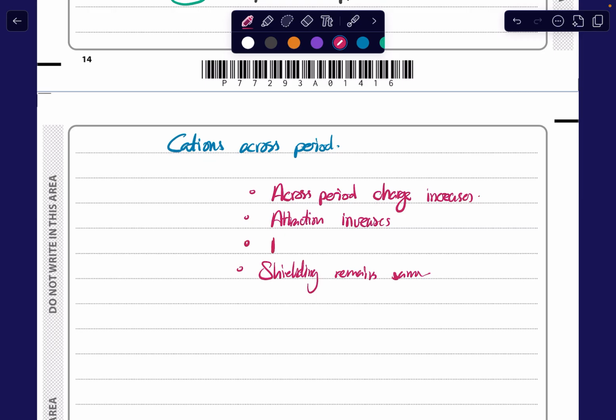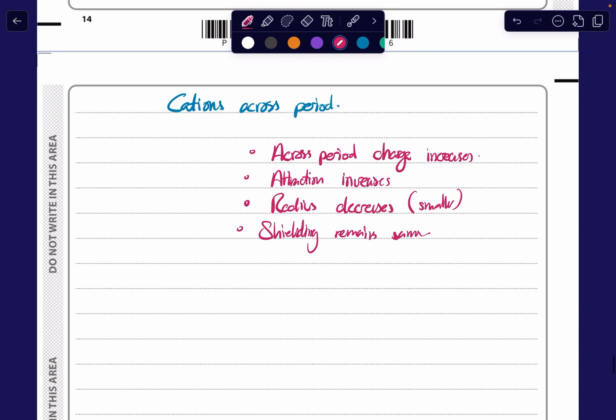So therefore my radius decreases. They get smaller. And then the shielding is going to remain the same, which means my charge density, the amount of charge per size of ion, increases.